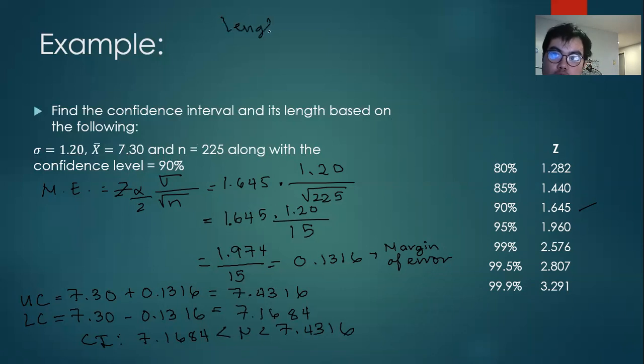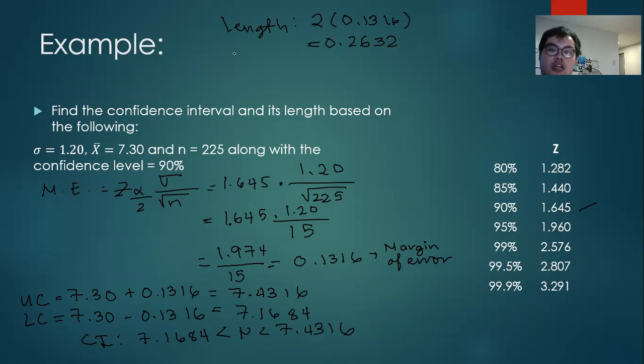In order to get the length, here are the two ways. All we have to do is multiply the margin of error with 2, so 0.1316 times 2 gives 0.2632 as the length.